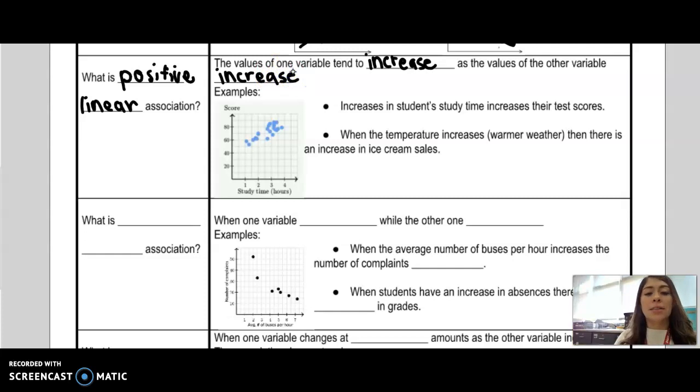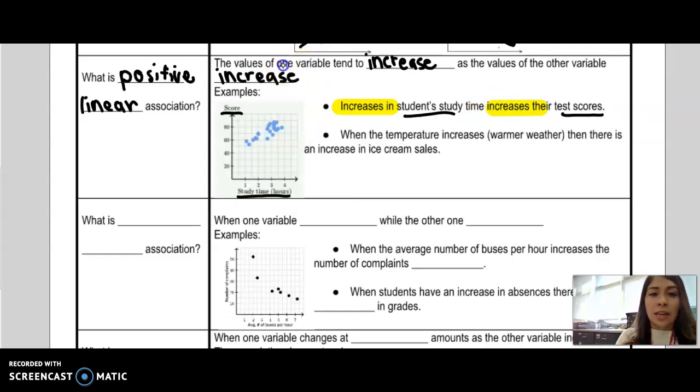So here is our example. In our example, we have study time and test scores. As the study time increases, the test scores also increase.